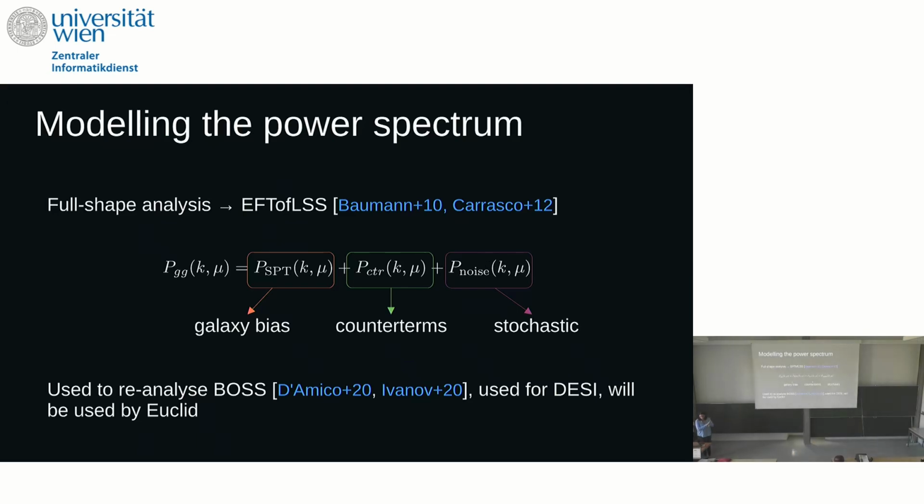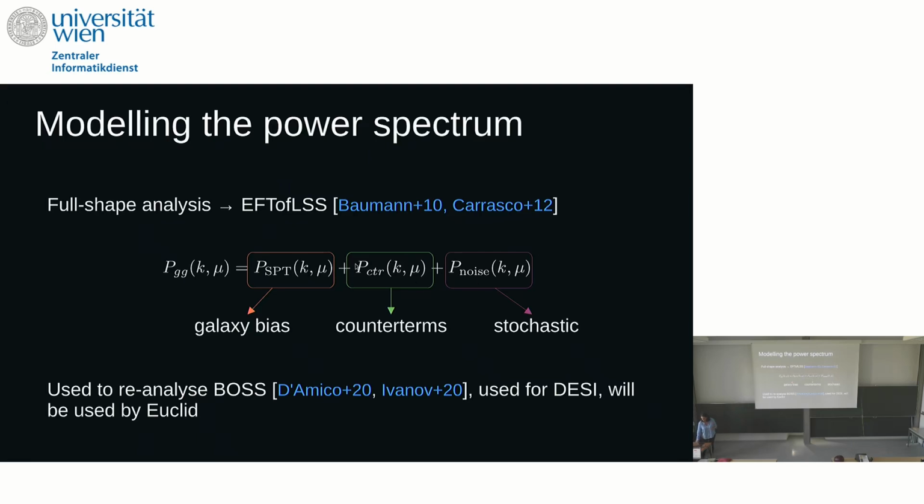As I mentioned, I'm focusing on the power spectrum, and what has become the standard way of doing a full shape analysis of the power spectrum is based on the EFTofLSS model. The model for the power spectrum looks like this.